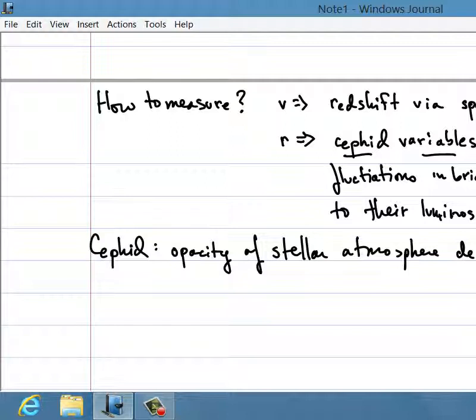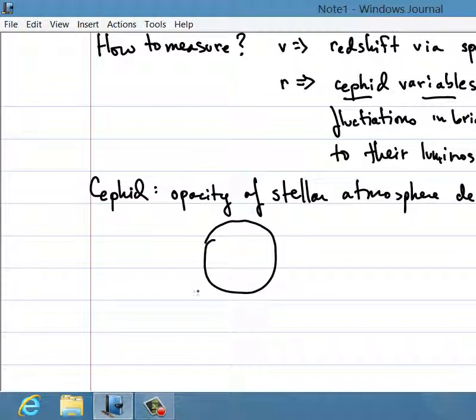Well, imagine starting with a star where it's transparent, so that the stellar atmosphere is not very opaque at all, and it will have some temperature, let's call it T. Because the star is very transparent, it's going to radiate away a lot of its energy.